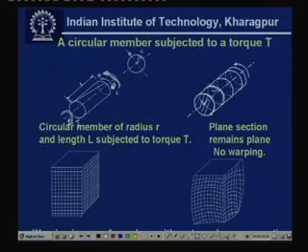But you know that in case of non-circular shafts we can encounter such warping when it is a non-circular cross section. Nevertheless, we are concentrating our calculations on circular sections only.